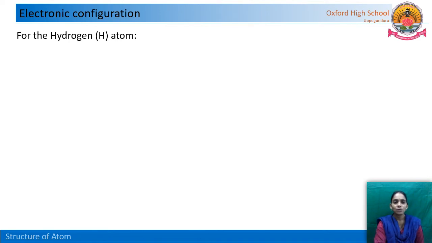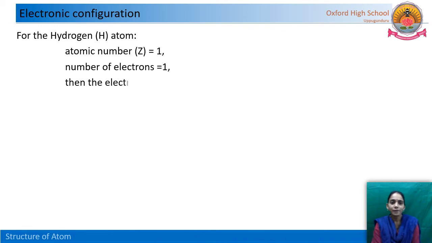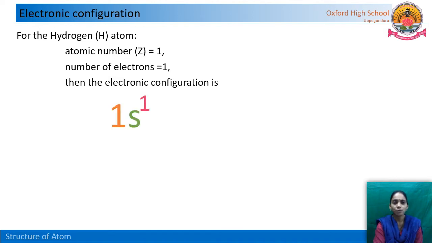Let us write the electronic configuration for hydrogen atom. What is the atomic number for hydrogen? It is 1. And how many electrons are there? We know that only one electron. So, by using this NLX method, how to write the electronic configuration? N value is principal quantum number, small n, that is n is equal to 1.